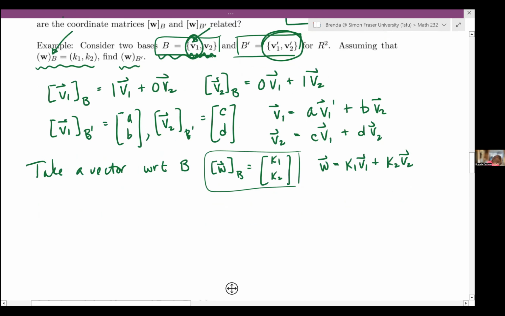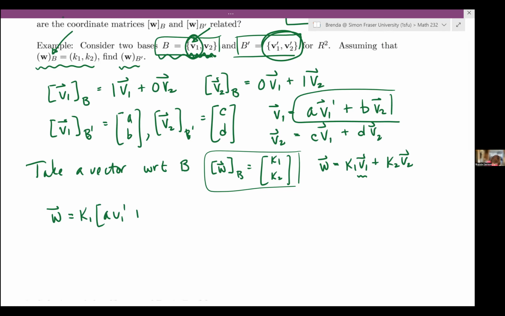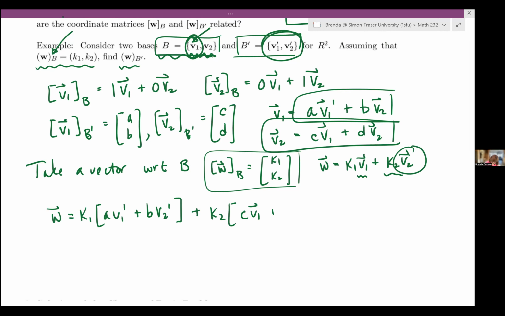So now we're going to be doing a whole pile of substitution. What is V1? K1 V1 is this guy right here: A V1 prime plus B V2 prime. Plus K2 V2, and V2 is this thing right here: C V1 prime plus D V2 prime.